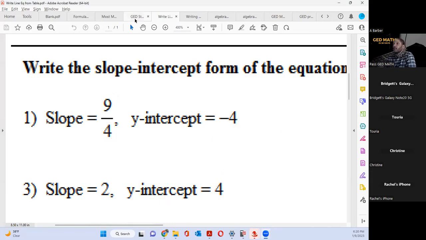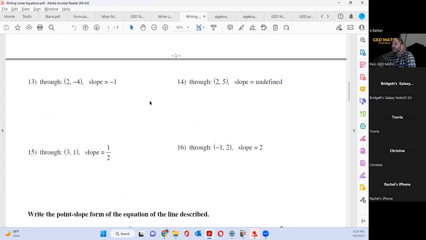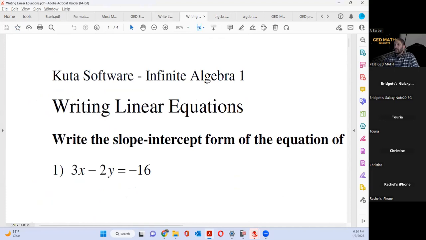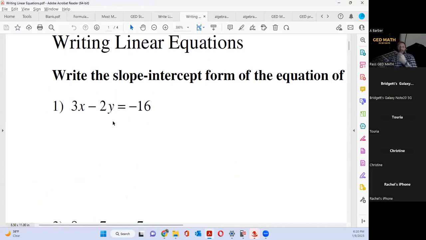Because they could be in different forms. For example, is number 1 in slope-intercept form? No, this is not slope-intercept form.